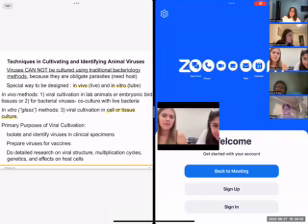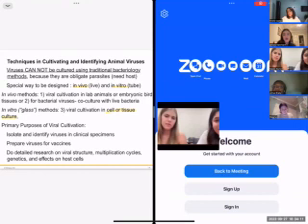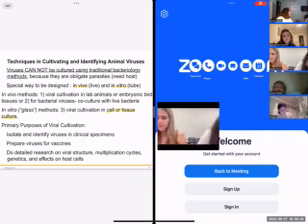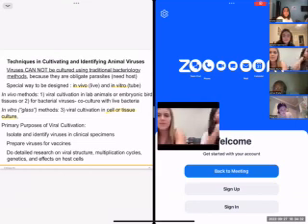In vitro methods involve viral cultivation in cell or tissue culture. The primary purposes of viral cultivation are to isolate and identify viruses in clinical specimens, prepare viruses for vaccines, and do detailed research on viral structure, multiplication cycles, genetics, and effect on host cells.